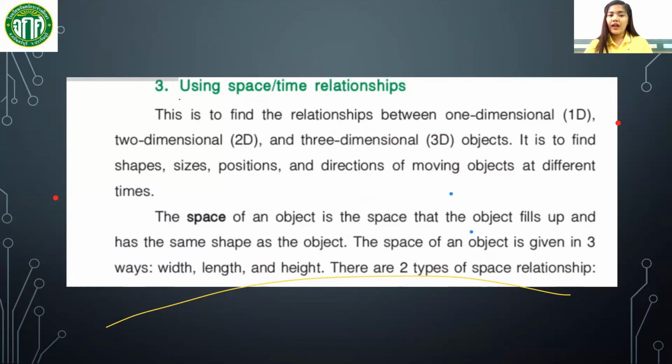Okay, in here, using space-time relationship. So what is using space-time relationship? So this is to find out the relationship between one-dimensional or 1D, two-dimensional 2D, and three-dimensional objects.